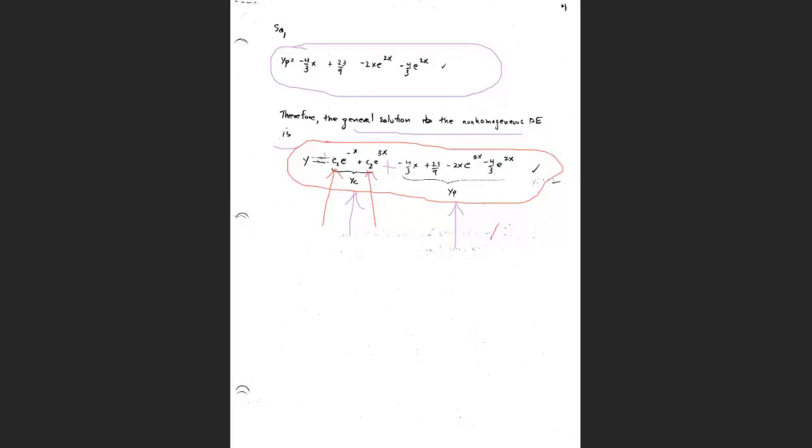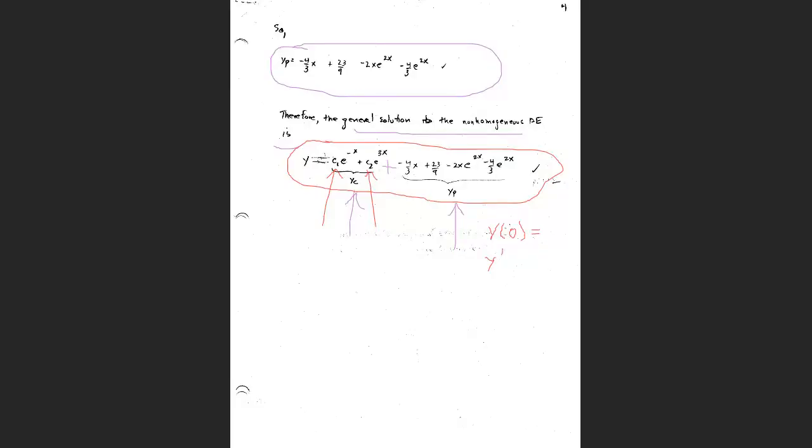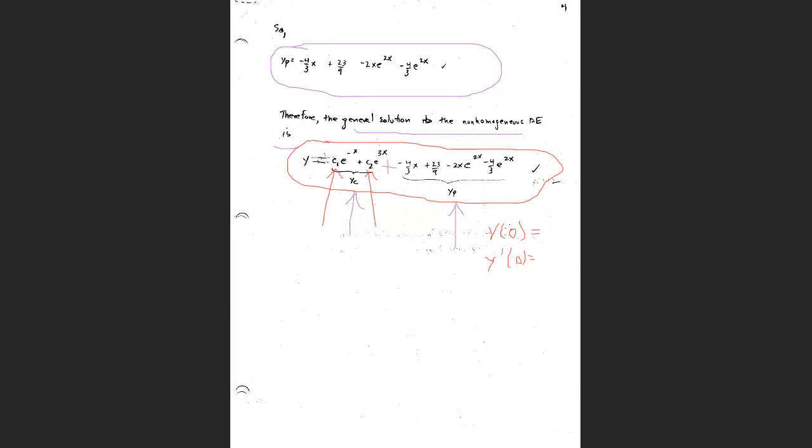You would need that, for instance, y of 0 equals a value, and y prime of 0 equals some value. There are going to be problems where you do have initial conditions, and you know how to handle that kind of problem.